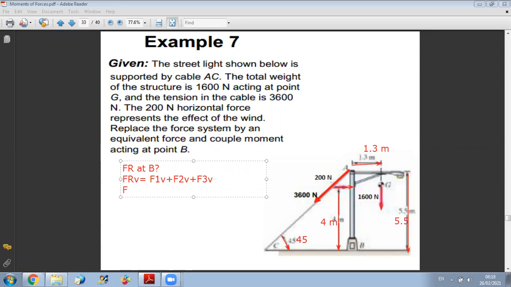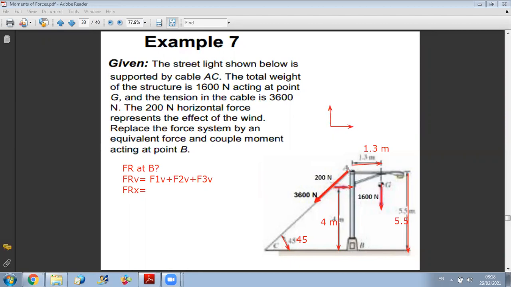The first one is the resultant along X. For the resultant along X, I have first the cable force. The cable force is directed downward with an angle of 45 degrees. So I can decompose it into two components. I will take X positive like this and Y positive upward.